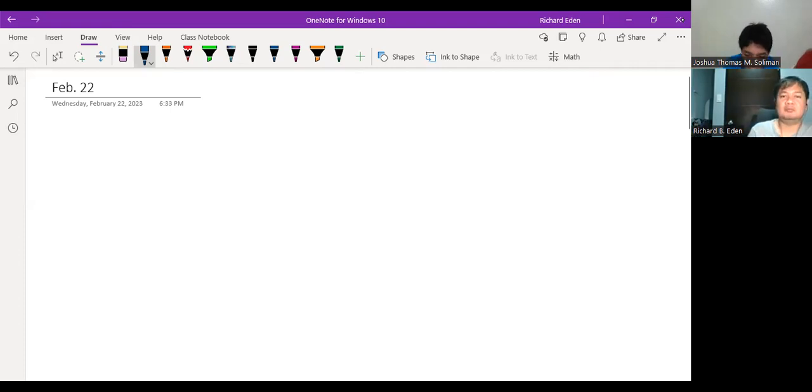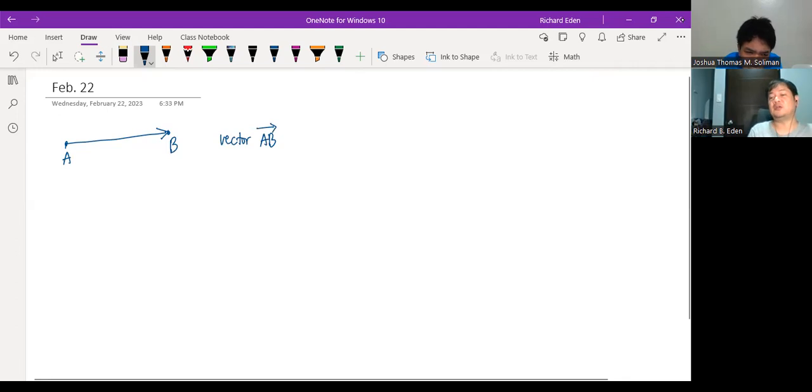All right. But mathematically, when we think of a vector, we can think of it as a segment with an arrowhead. So we can think of a vector as a geometric object. Let's say we have a point A, and here is another point B. This is the vector denoted by AB with that kind of arrowhead.